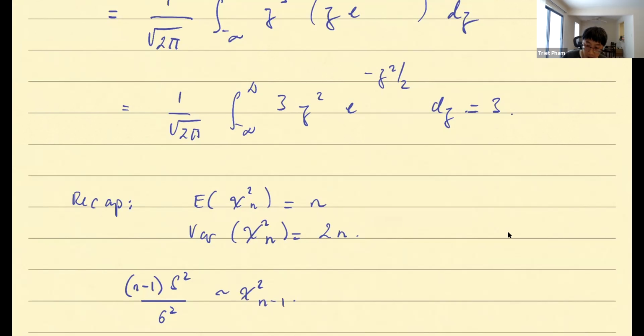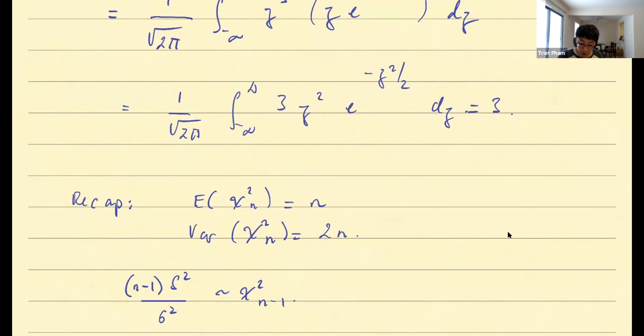By the way, for those of you who are not familiar with this notation, this means has a distribution for sure. It's like an equality, but the equality is not a number to a number, but a distribution to a distribution. So it allows you to say that a probabilistic statement that applies to the left-hand side must apply to the right-hand side.